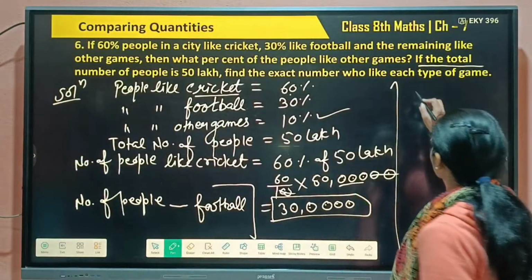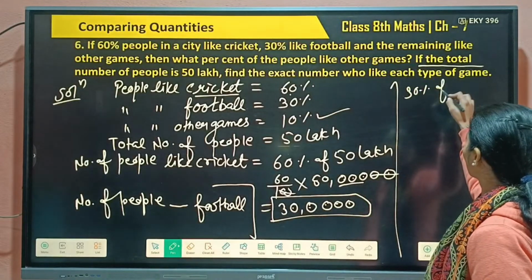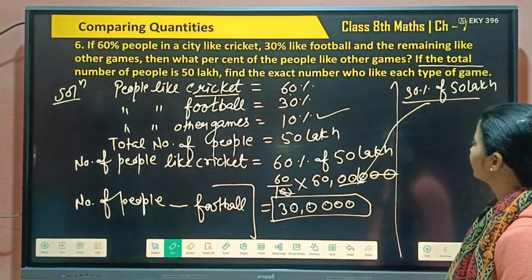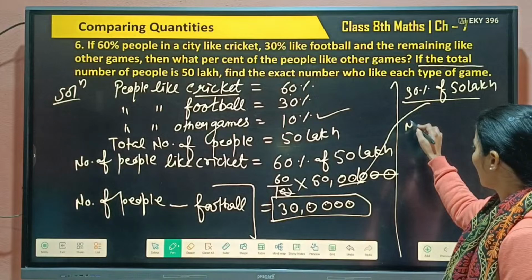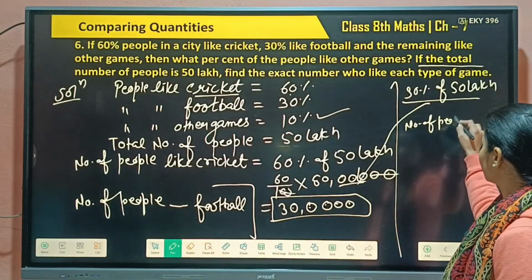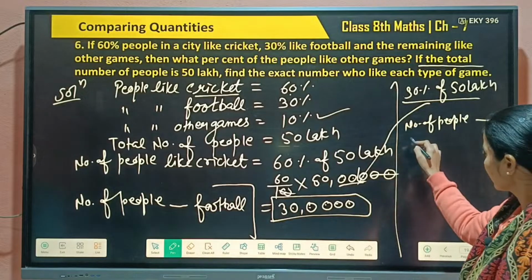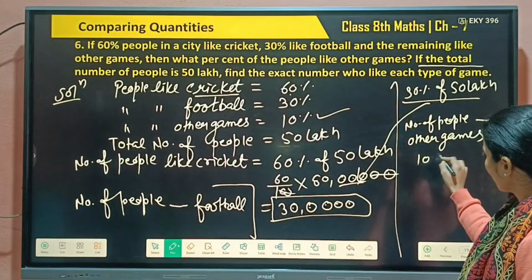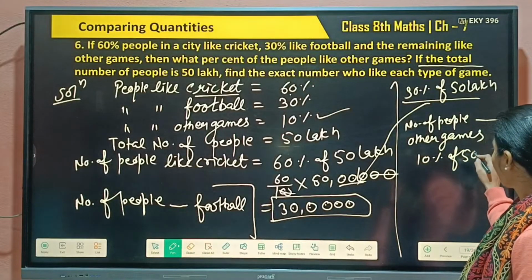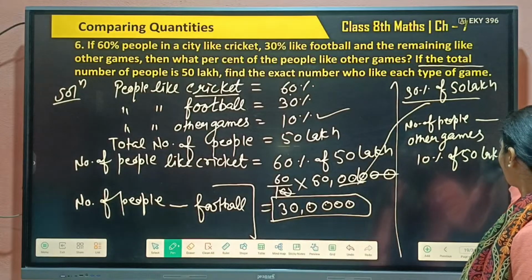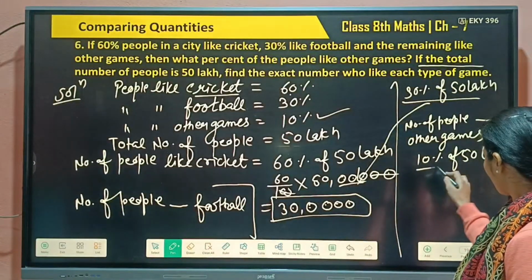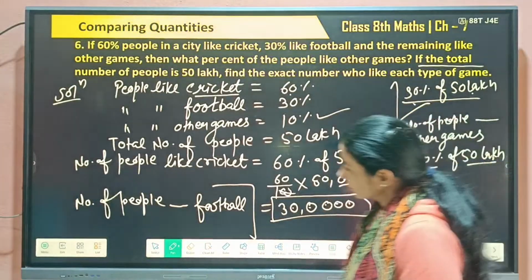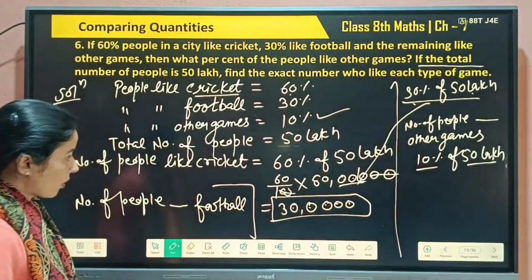We will find 30% of 50 lakh. Similarly, you will do the calculation. And for finding the number of people who like other games, that is 10% of 50 lakh. So 10% of 50 lakh you have to find, 30% of 50 lakh you have to find, and 60% of 50 lakh I found for you.